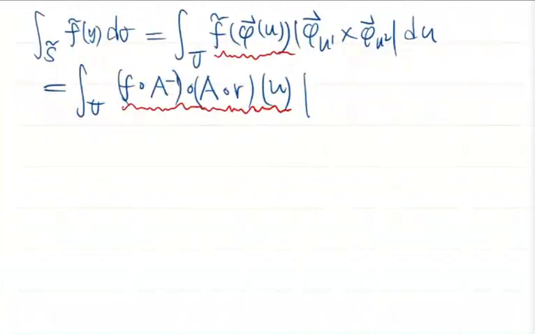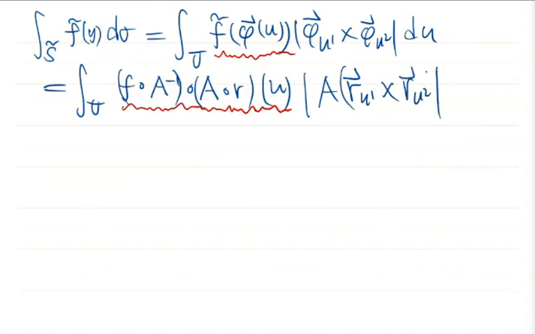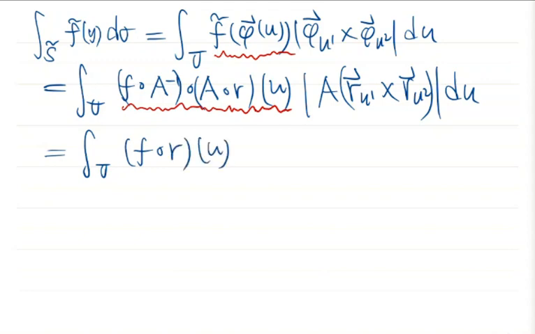So this is the norm of A times R u1 cross R u2, du, right? And this is u. The composition f A inverse A R is f R u.